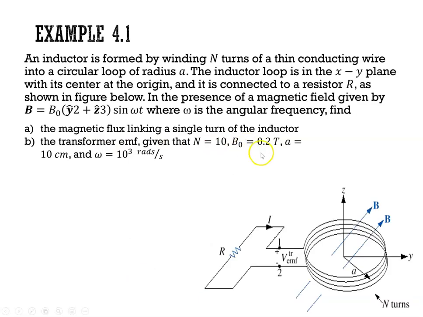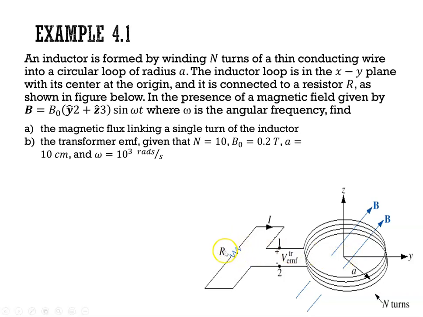Let us look into the example here. Example 4.1. An inductor is formed by winding N turns of a thin conducting wire into a circular loop of radius a. So this is the radius. The inductor loop is in the XY plane with its center at the origin, and it is connected to a resistor R as shown in the figure below.